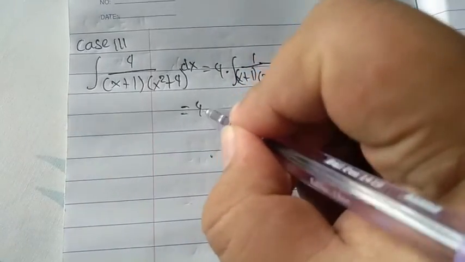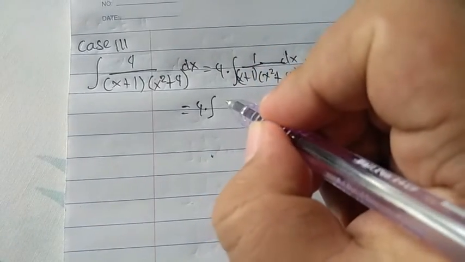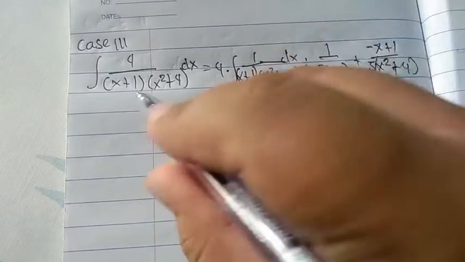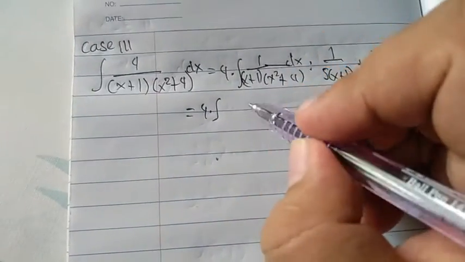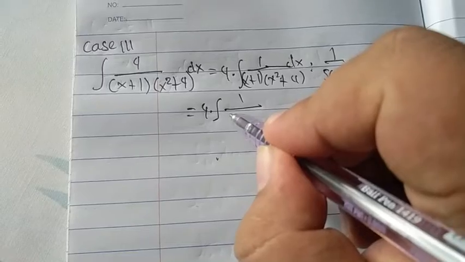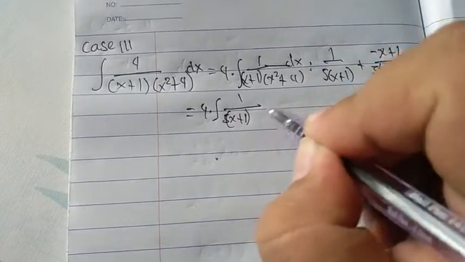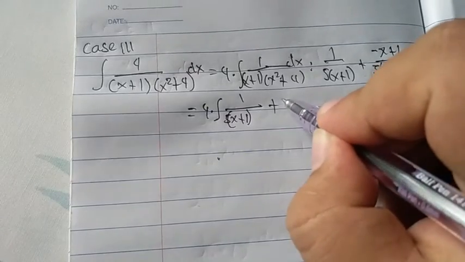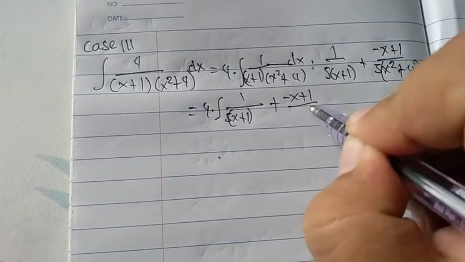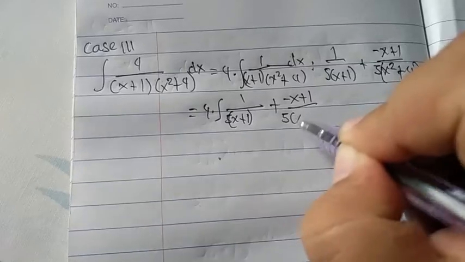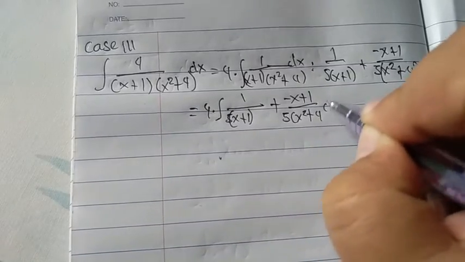So it will be 4 times the integral, combine this part, 1 over 5(x plus 1) plus (x plus 1) over 5(x squared plus 4) dx.